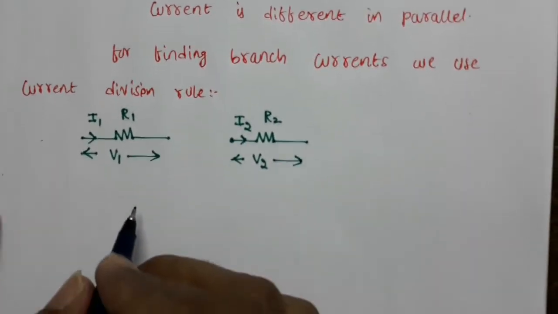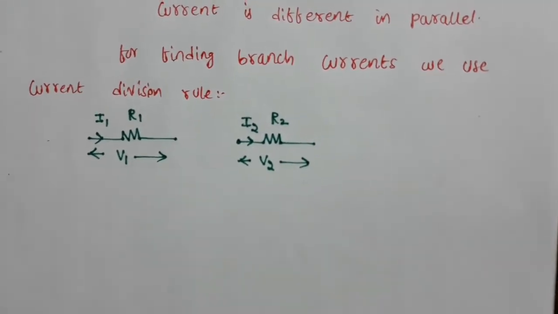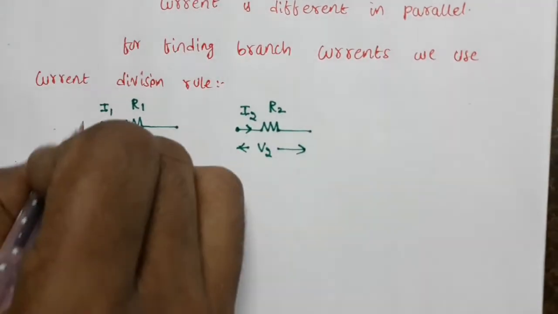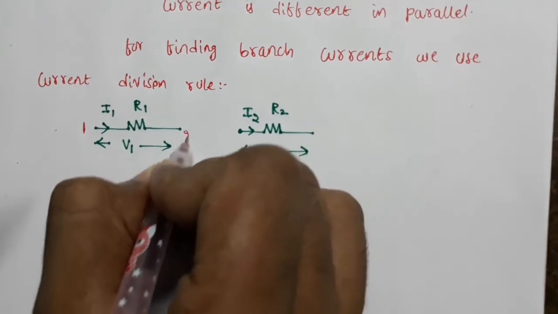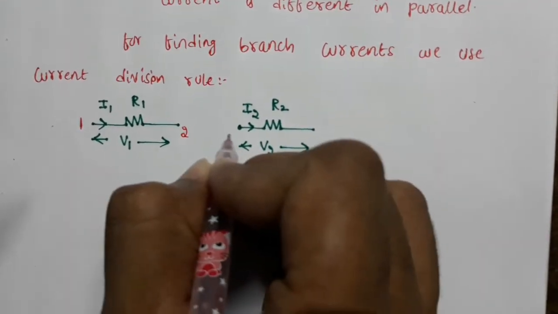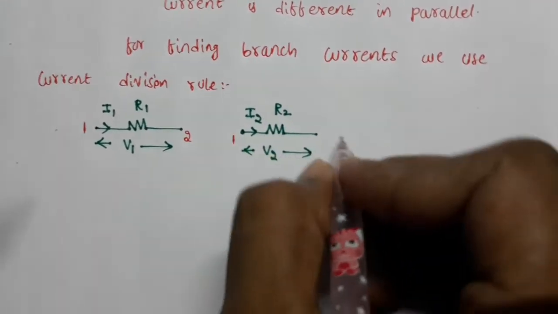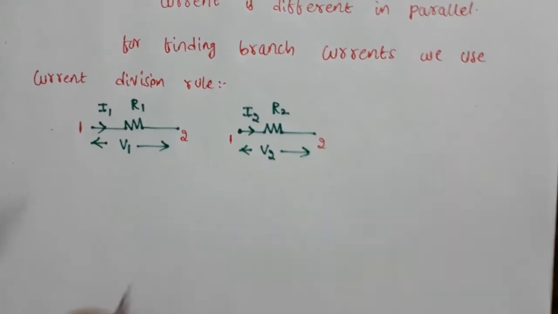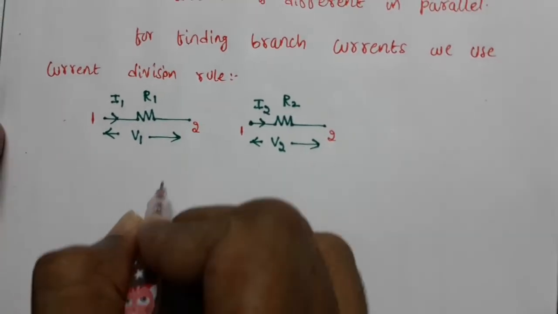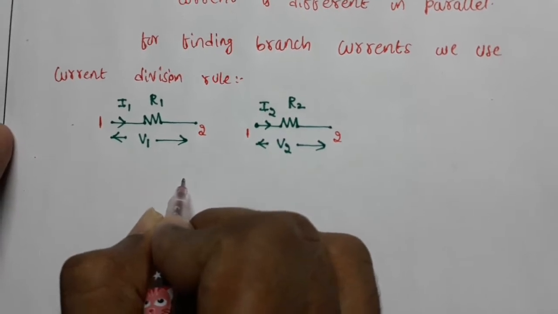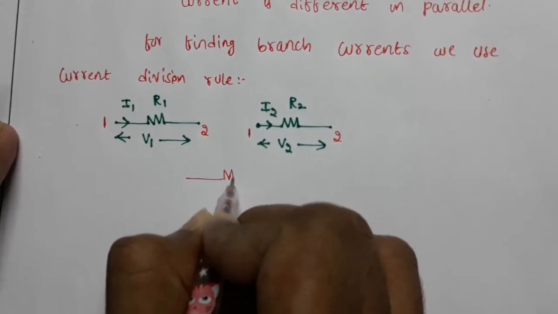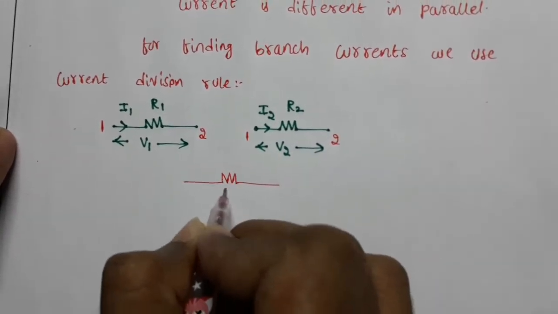I am connecting these two resistances in parallel. This is terminal 1 of resistance 1 and this is terminal 2 of resistance 1. Terminal 1 of resistance 2 and terminal 2 of resistance 2. We have to connect to a common point for connecting in parallel.